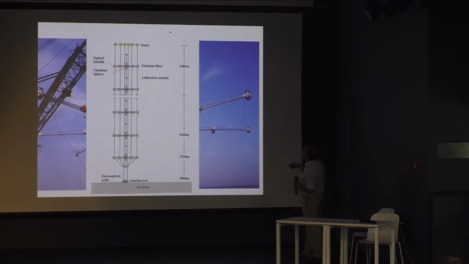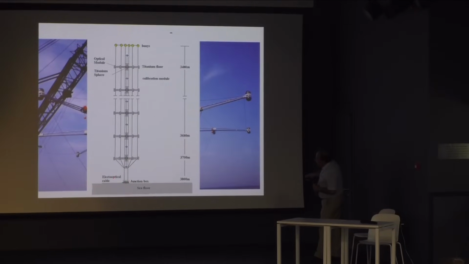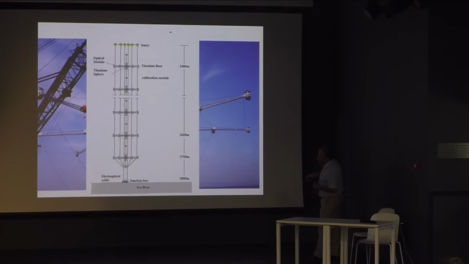Here are the optical modules at the end of the arms. Here a very big sphere made of titanium to host the electronics of each floor, and all the messages through cables are going back to shore through an electro-optical cable, about 36 miles away.